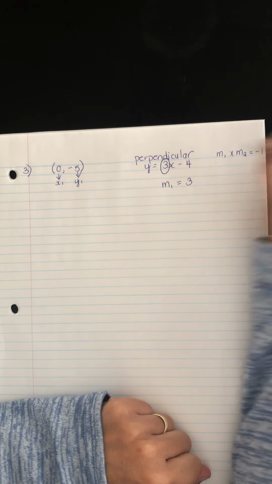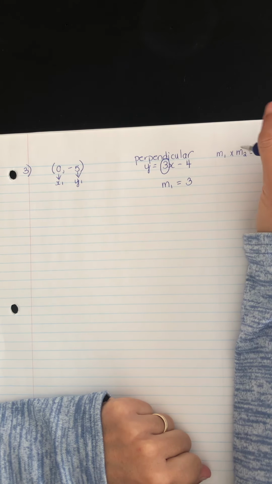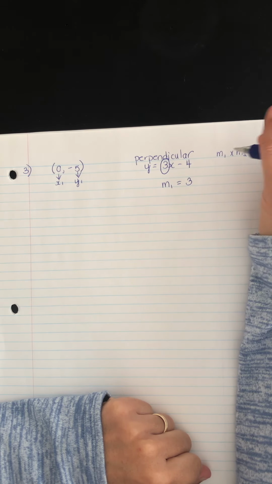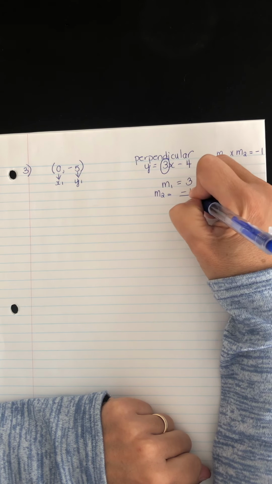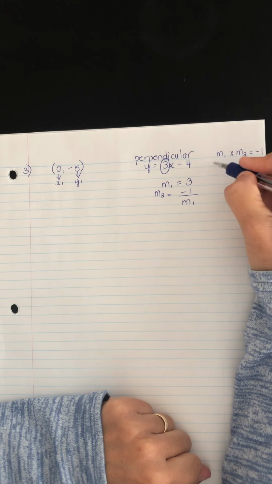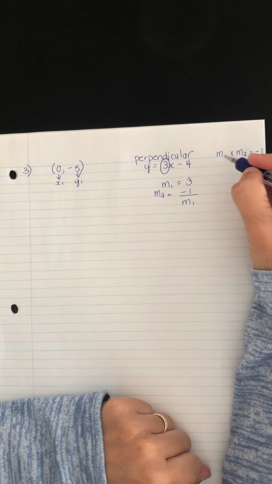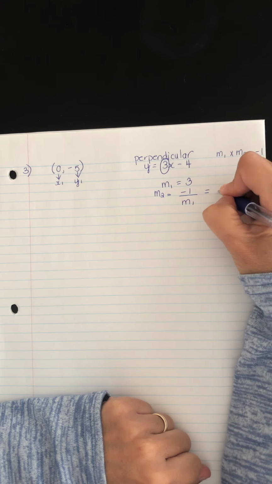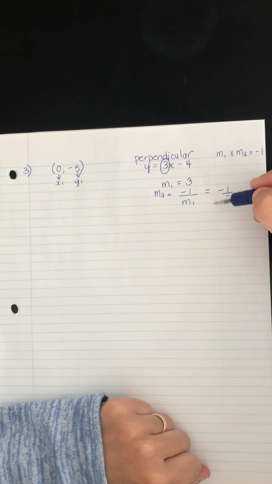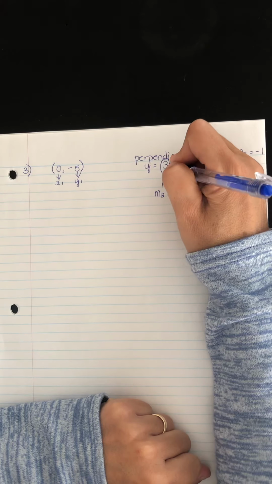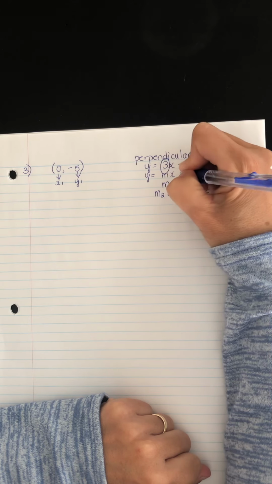M1 is 3. So our line, therefore, is going to have a slope M2 equal to -1 over M1. So M2 is -1 divided by M1. So that means the slope of the line we're interested in is -1/3. And remember, to figure out the slope of this line, all we did was compare it with y equals mx plus b.